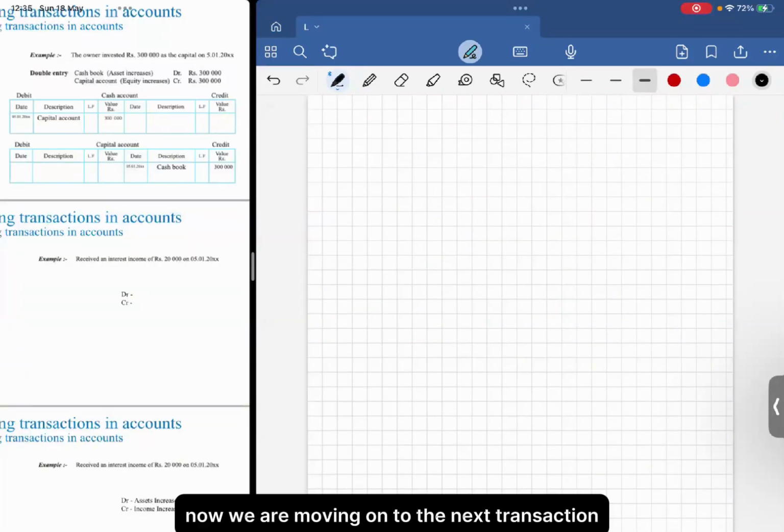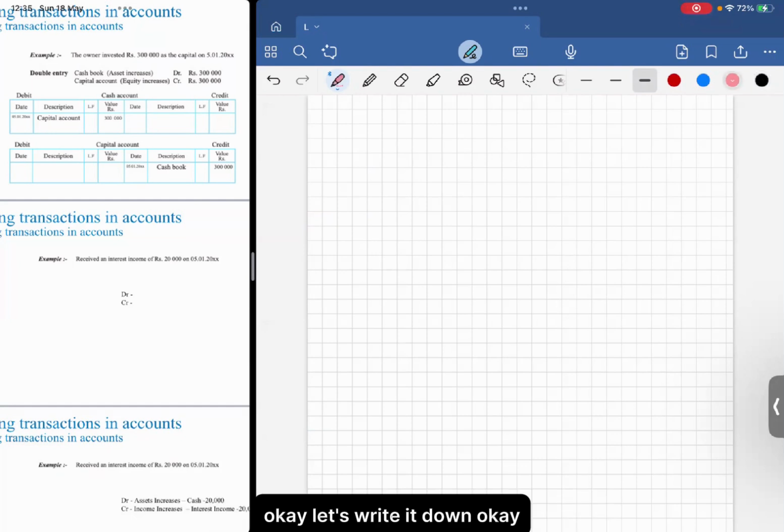Okay, now we are moving on to the next transaction. Let's write it down.